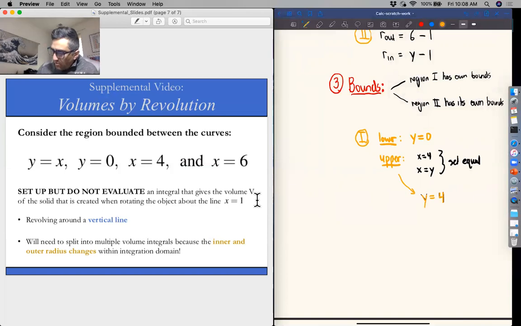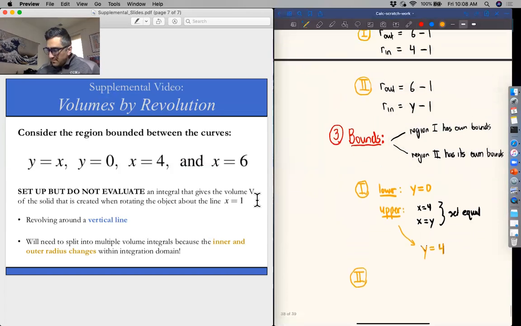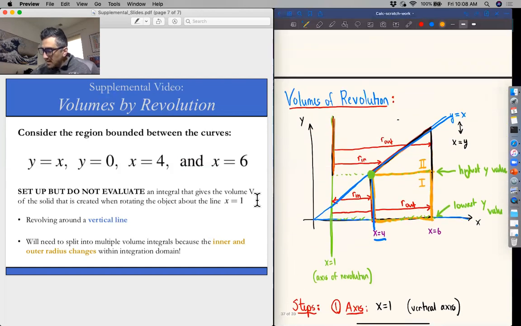All right, now that we have the lower bound and upper bound for region 1, let's move along to, that's right, region 2. So going back to our plot, let's think about who region 2 is here. Let's get rid of some of this extra information and highlight what region 2 is. Region 2 for us was this upper triangular piece. And we need to think about who the upper and lower bounds are for region 2.